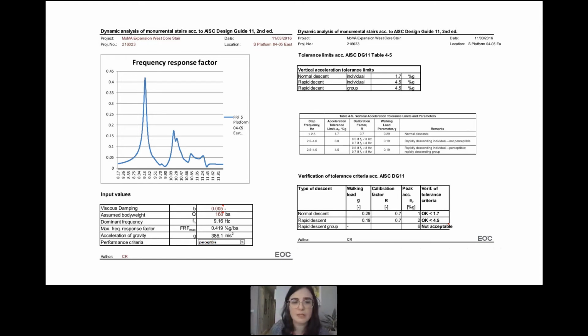But we basically use those to calculate the peak acceleration and then compare that to the guidance of what allowable or acceptable acceleration is for each of the different cases. One thing that's worth noting is the rapid descent of a group almost always doesn't work.